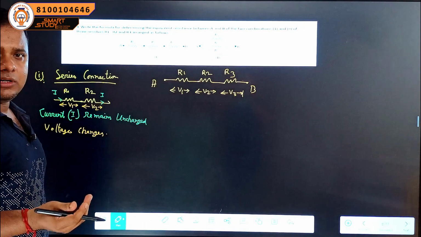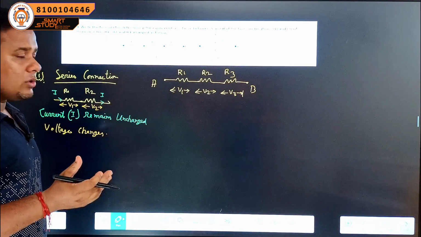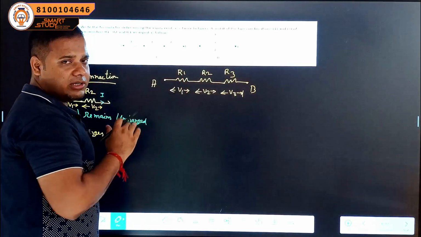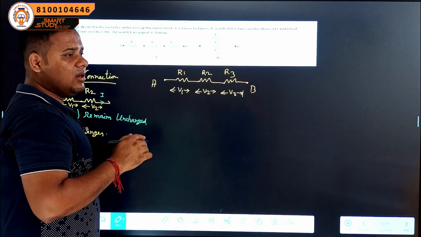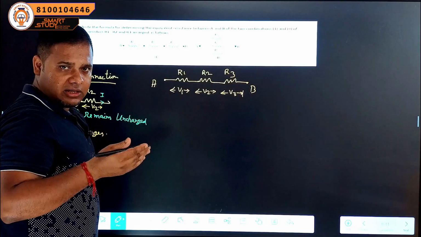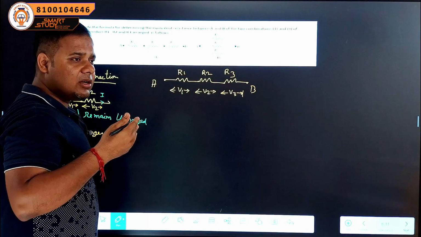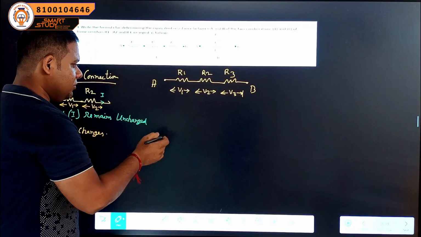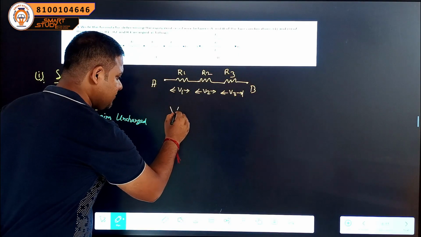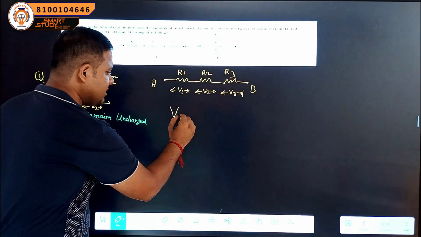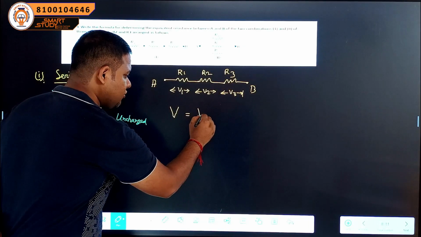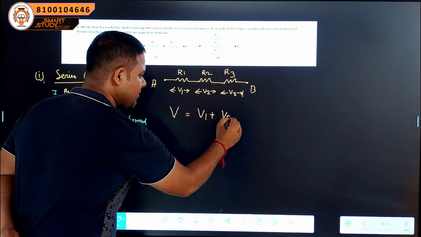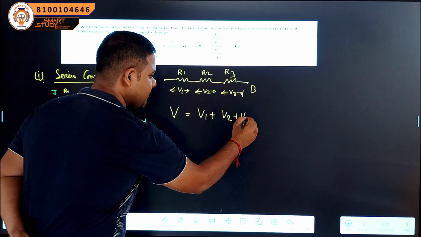Then what is the total voltage for the circuit? The total voltage is the summation of the three voltages. From the conservation law of energy, or Kirchhoff's voltage law, we know that the total voltage V is the voltage drop across the resistances, V1 plus V2 plus V3.